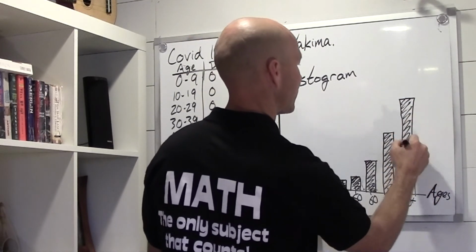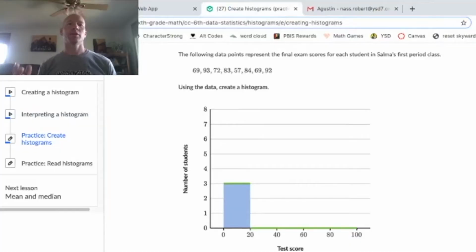Alright, let's look at this another way. This question says, the following data points represent the final exam scores for each student in Salma's first period class. Someone scored a 69, we got a 93, 72, 83, 57, 84, 69, and 92.